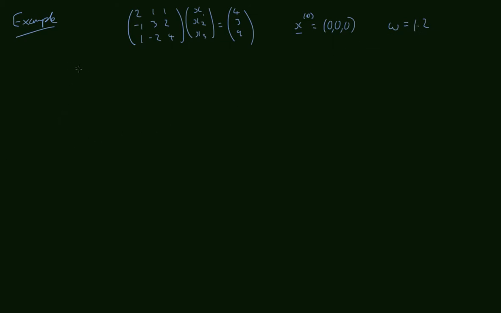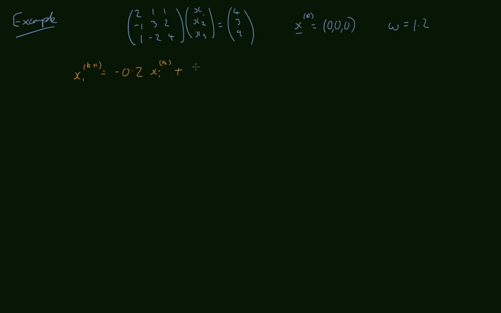Okay, so our SOR method for this, so for the first unknown in our system, x1, our SOR method is going to be 1 minus omega, so 1 minus 1.2 is minus 0.2, and that's multiplied by our current guess value.